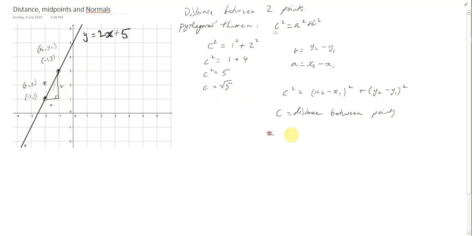So we square root everything, and we could write it like this. So there we go, there's a formulaic way to find the distance between any 2 points. All you've got to do is put in your x2, y2 coordinate and your x1, y1 coordinate, and you will find the distance between those 2 points.